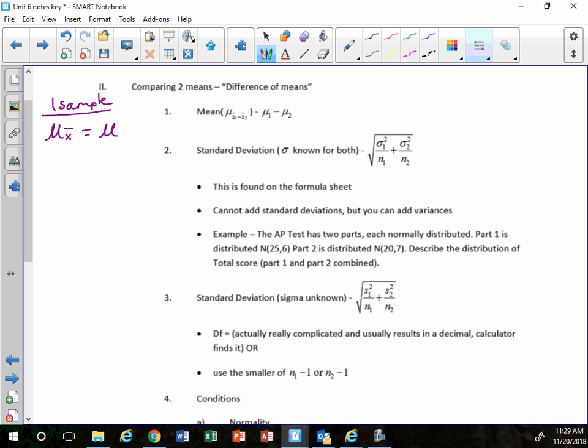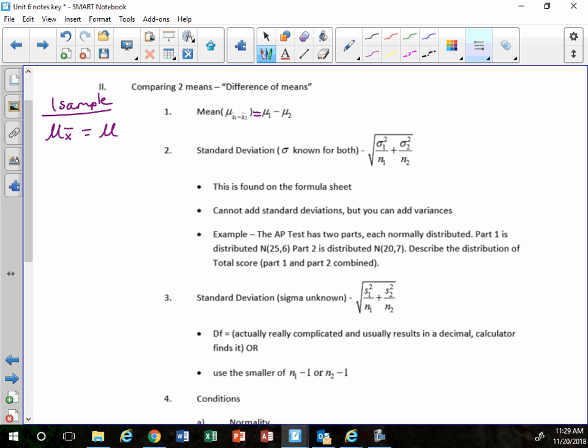So when we're doing the difference of means, we just have these two x bars we're subtracting. So mu of x bar 1 minus x bar 2, that's the same as mu 1 minus mu 2. Okay? So again, just like with proportions, it's very, very similar. You just have two populations that you're dealing with instead of one.